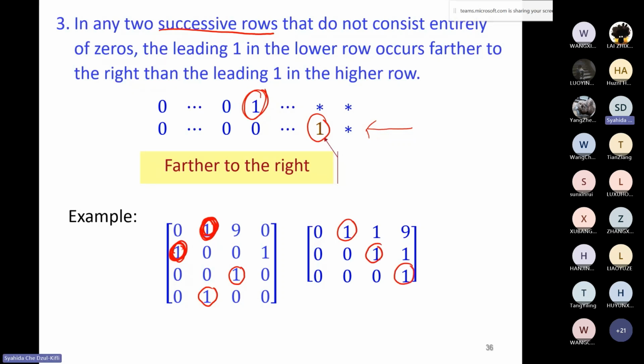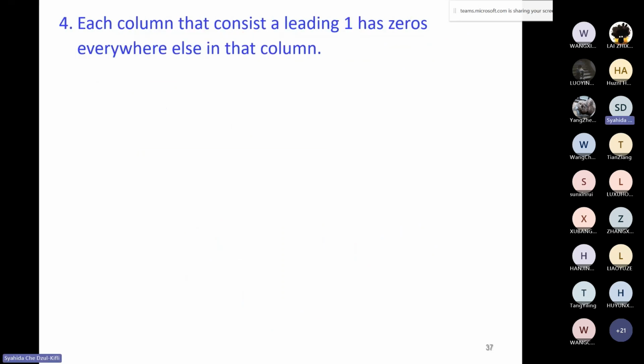So we can see that the leading one at the lower row is located to the right of the leading one at the upper row. Okay, is that clear? So this satisfies it, but not this. So that's the third property. I think this is the last property.